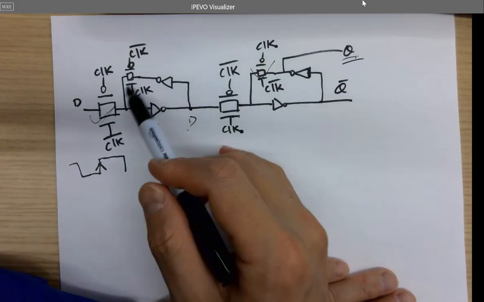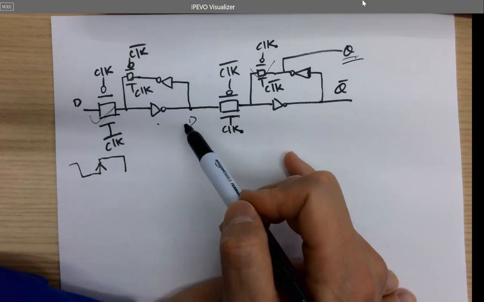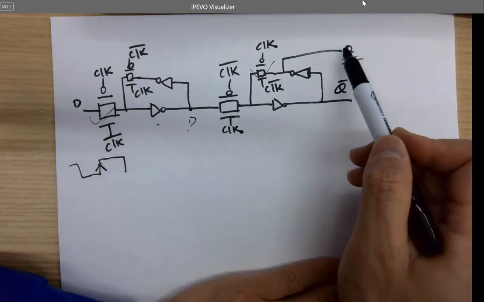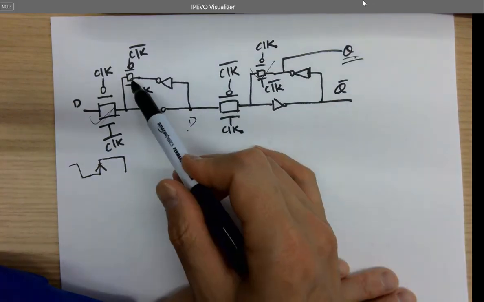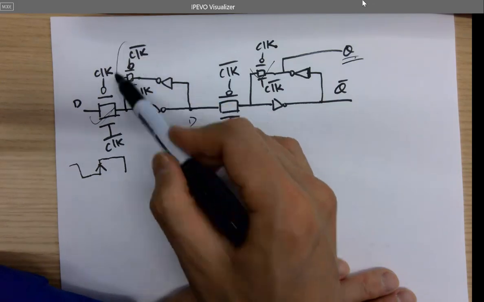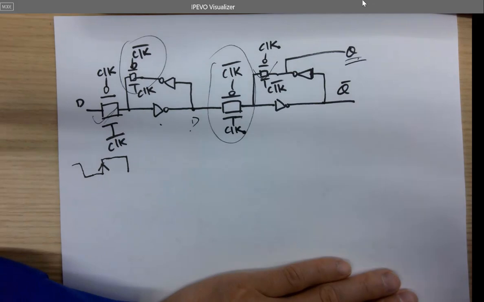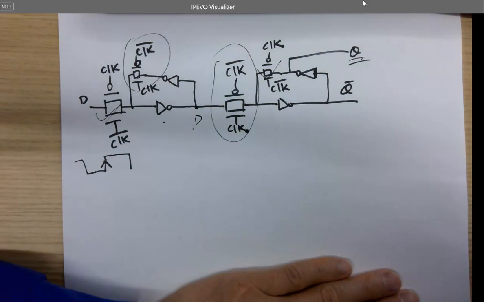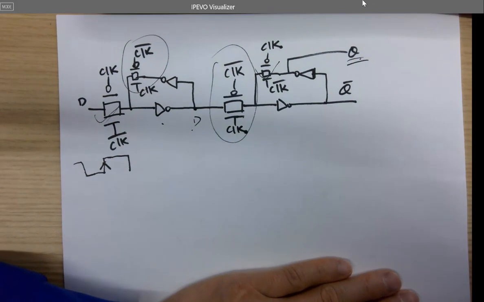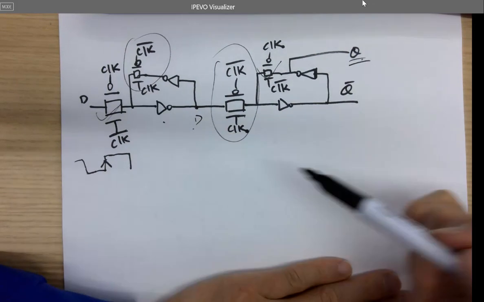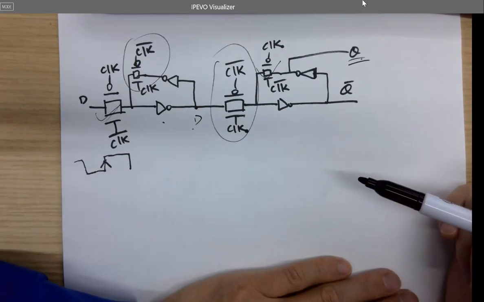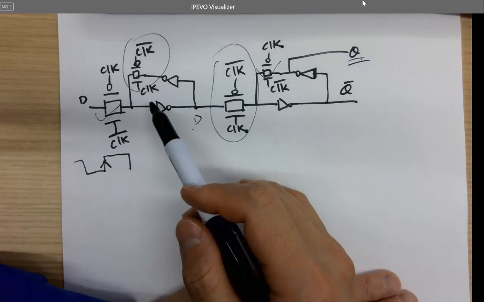So why do we have to turn this off when D is being sent to Q? See, when this is on as well, they have the same signal. Why do we want to do that? You see this memory state, right?